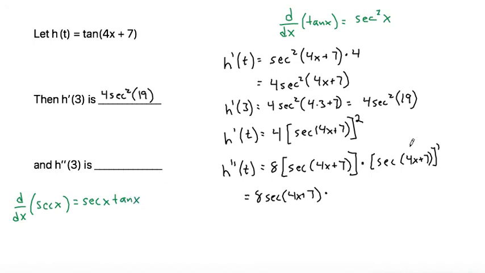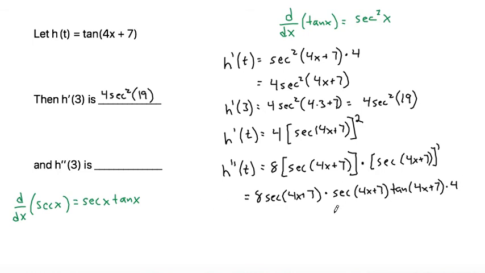So now, since our outside function is the secant function, we'll take the derivative leaving the inside the same. So this will be secant of 4x plus 7, and then times tan of 4x plus 7. But now we have to multiply by the derivative of the inside, which again is 4x plus 7. So the derivative of 4x plus 7 is 4.